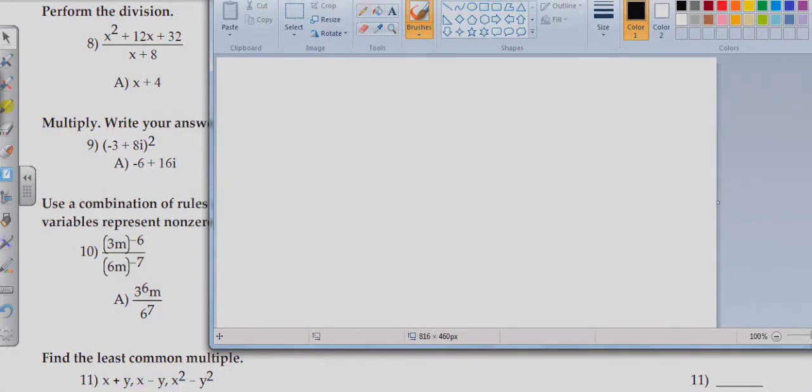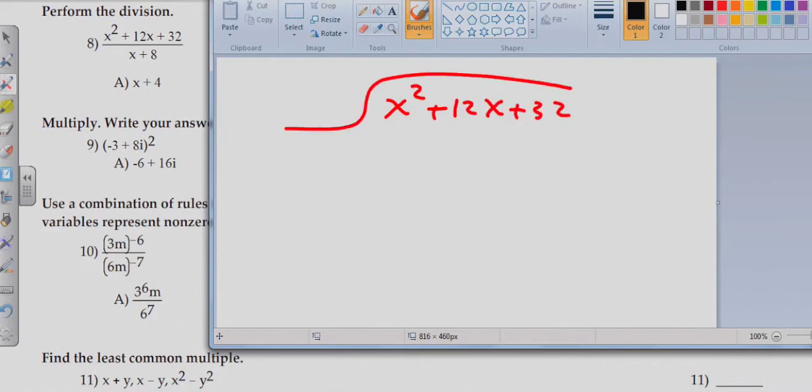Okay, so I have here x squared plus 12x plus 32, divided by x plus 8.